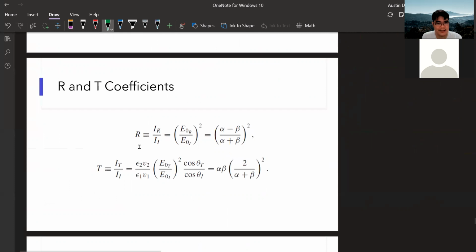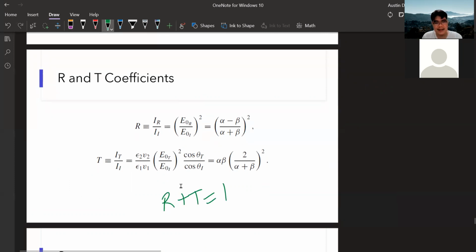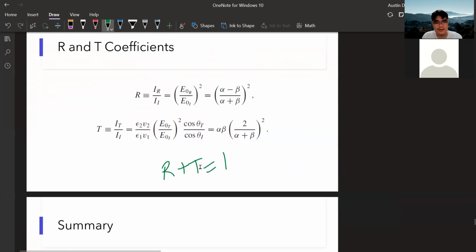Yung mga reflection and transmission coefficient, pag inadd mo yan, evident naman siya. Makukuha mo yung R plus T is equal to 1. So, dapat laging ganyan. Pag nag-check ka ng reflection and transmission coefficient mo, dapat mag-equal siya sa 1.